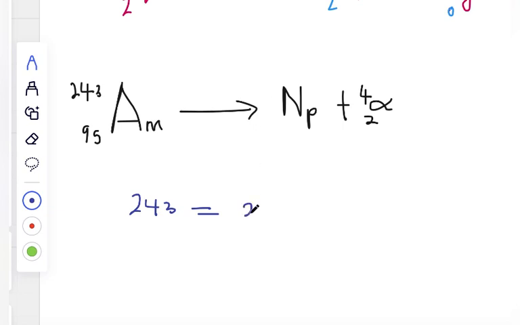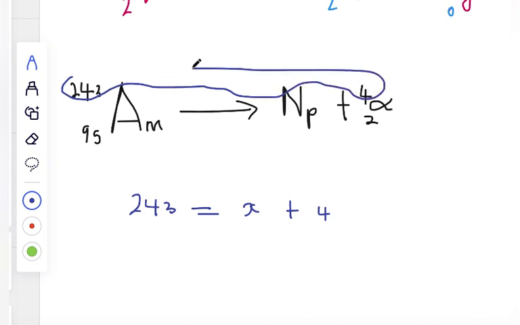You say it's equal to x plus 4. So find x, meaning find what is the mass here. We are considering only the top first, right? This is what we are solving.